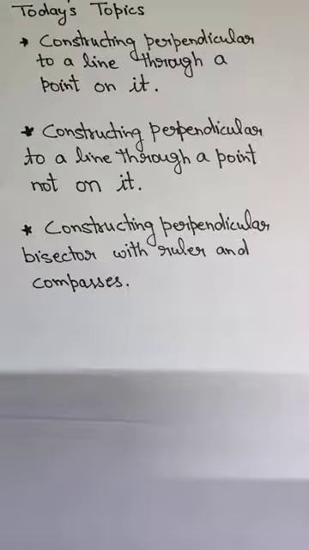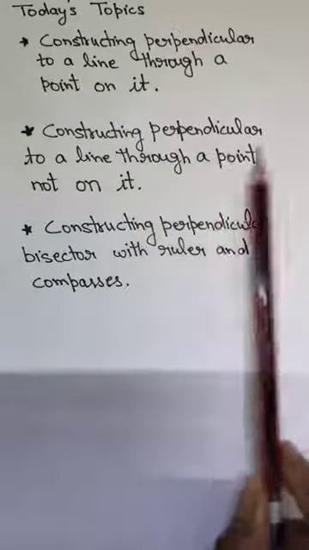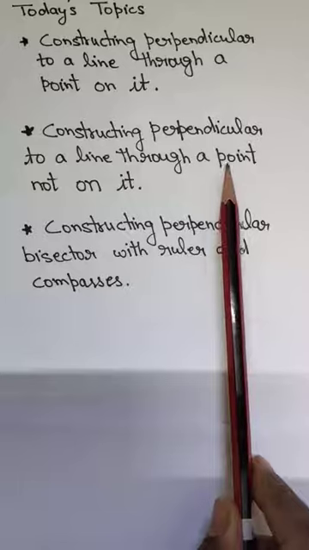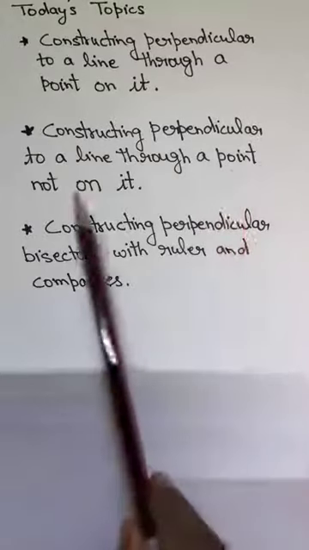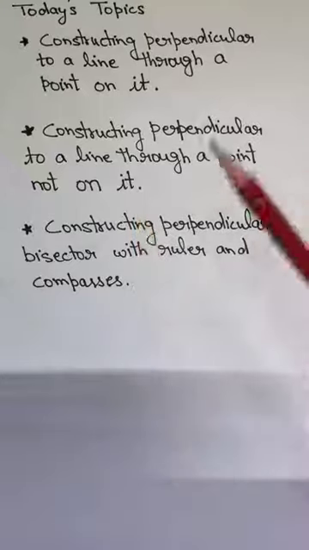When the point is given on the line, then how will you draw a perpendicular to a line which passes through the point. Second, we will do constructing a perpendicular to a line segment through a point not on it. Now the point is not on the line, it is outside the line.